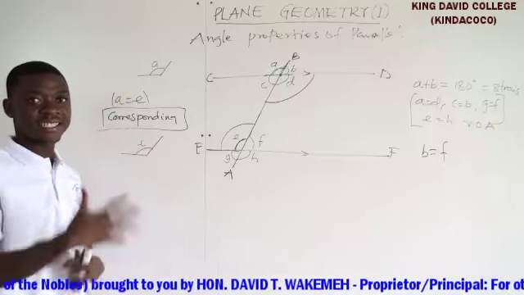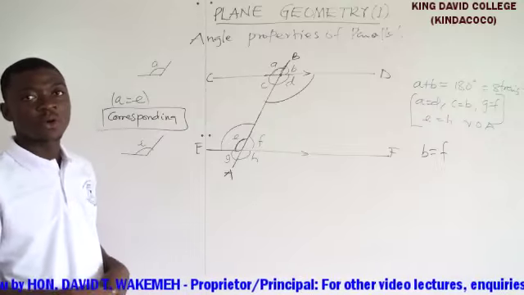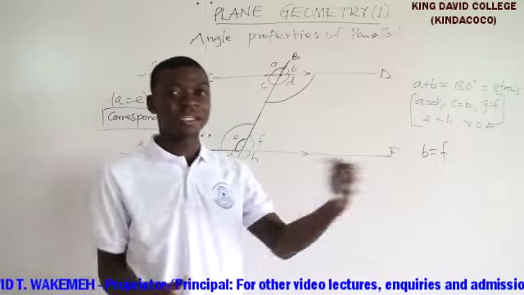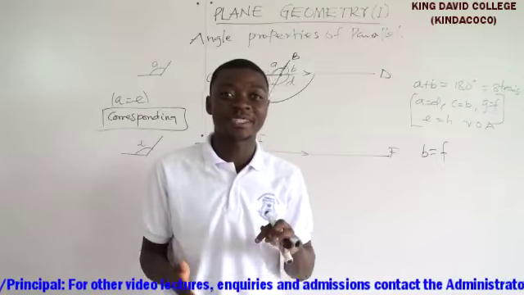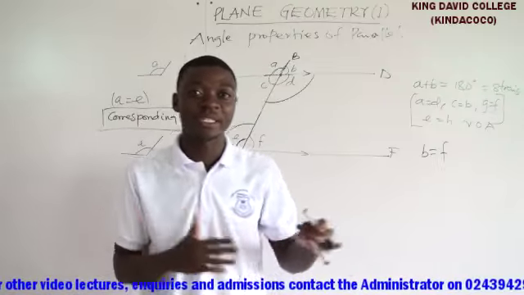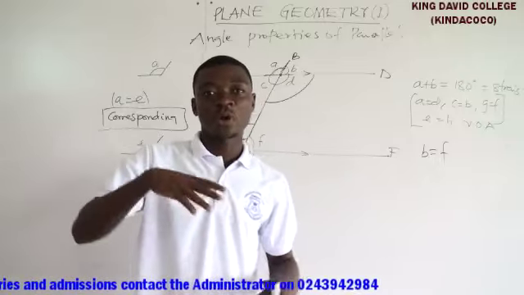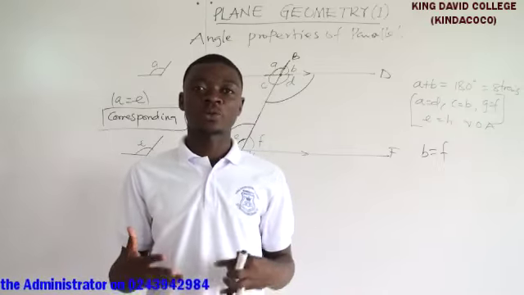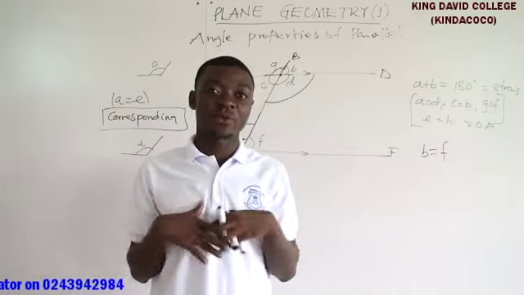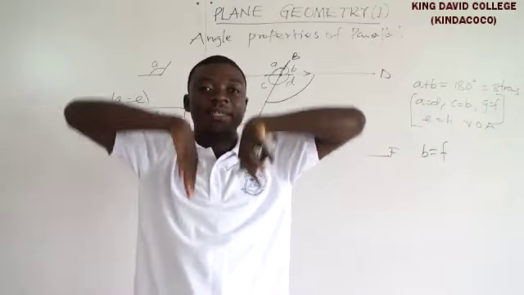Now, when we use the word co, even in the English language, co means what? It means the same. It's my co-equal, my colleague, my co-this, my co-that. So when we say co-interior, that means we are both interior angles, positioned at the same place.